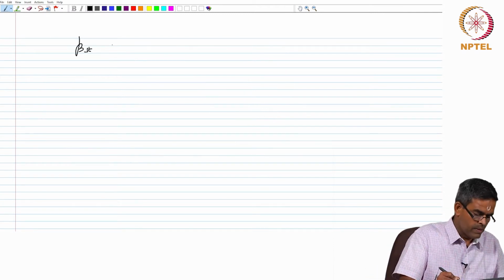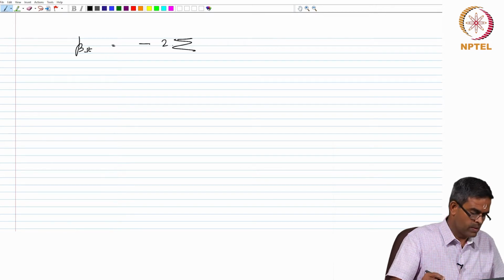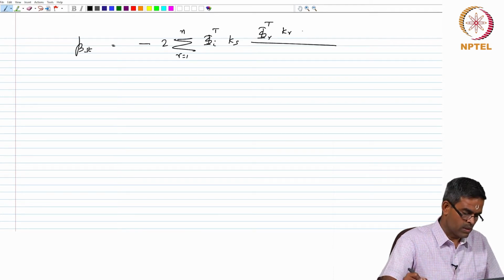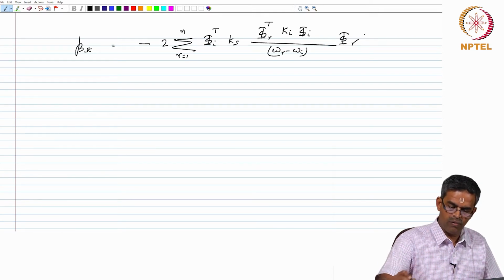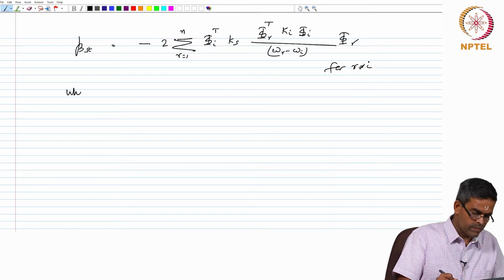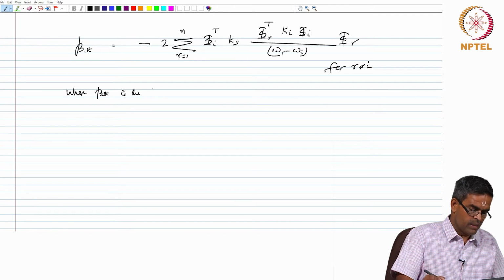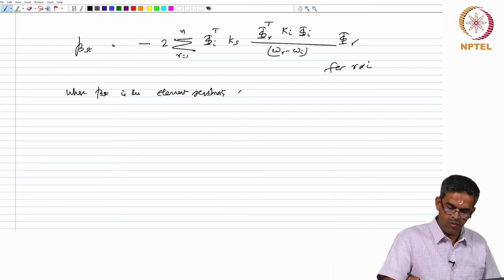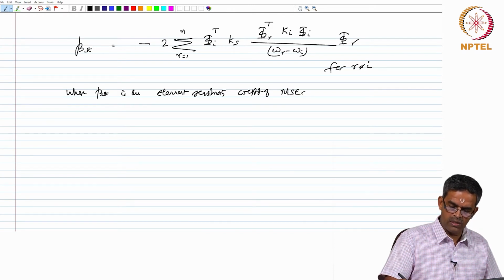Beta st is given by minus twice summation r equals 1 to n, phi I transpose Ks phi r transpose Kt phi I by omega r minus omega I of phi r, for r not equal to I, where beta st is the element sensitivity coefficient of modal strain energy correction.